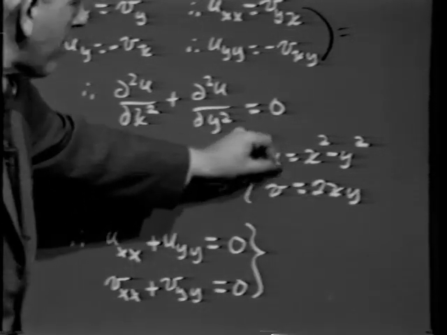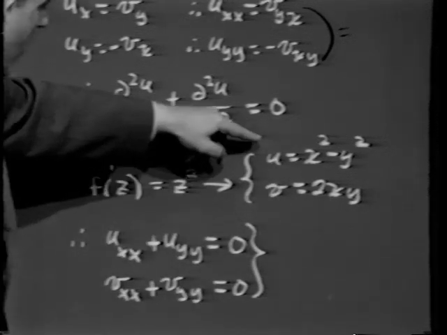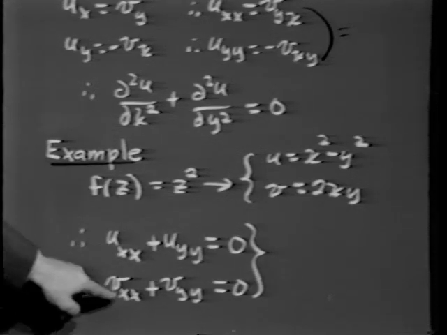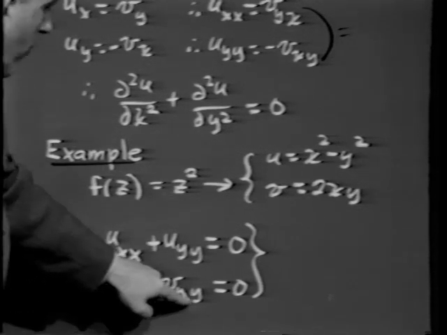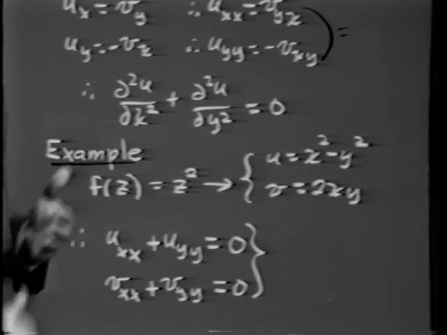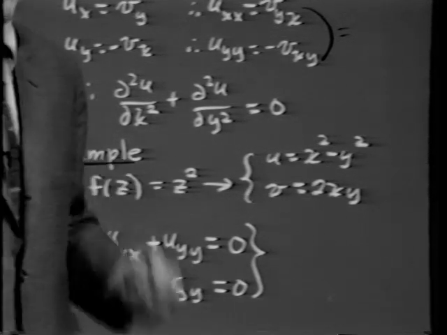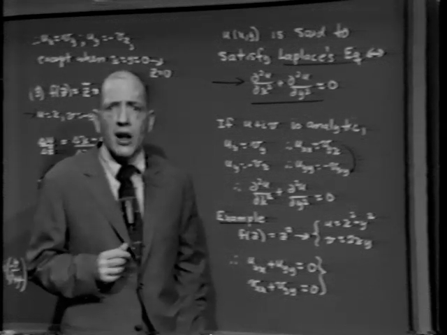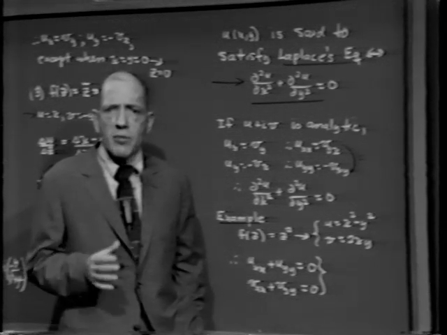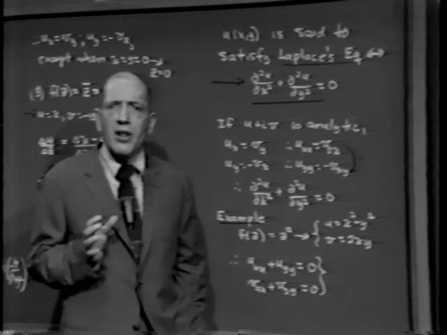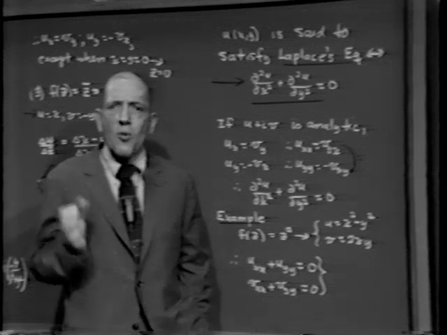What that tells me, without even checking, is that if I were to form u sub xx plus u sub yy, or v sub xx plus v sub yy, those would be 0 because they satisfy the Cauchy-Riemann conditions, which we'll talk about in more detail during the exercises and bring up more in the next lecture. But for the time being, what I wanted to close on, aside from the calculus, was the application.